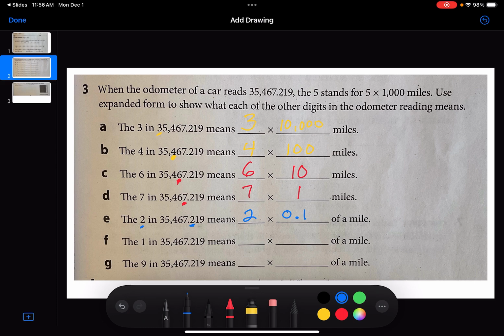I can write it as 1/10, or I can write it as a fraction if I wanted to. The 1 is in the hundredths place, so that would be 1 times 0.01. I could write it as 1/100th. And the 9 is in the thousandths place, so that would be 9 times 1/1,000th. If I wanted to, I could write that as a fraction as well.